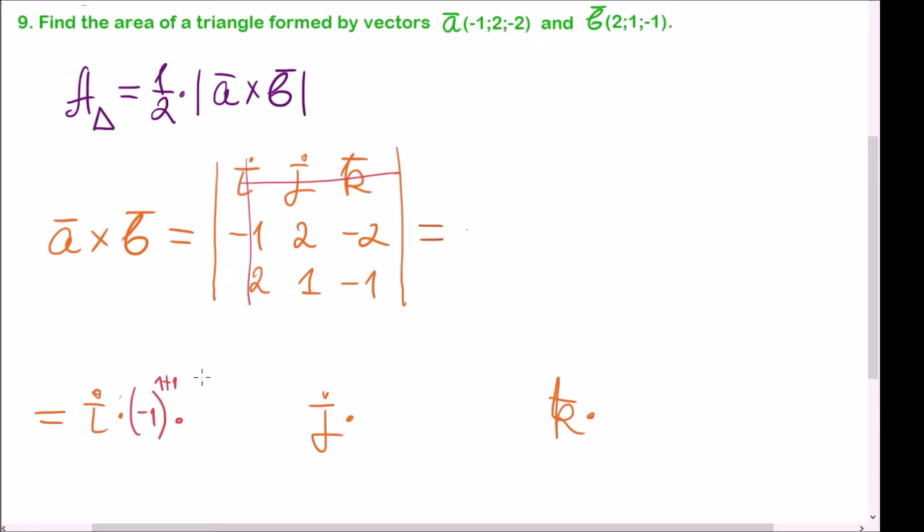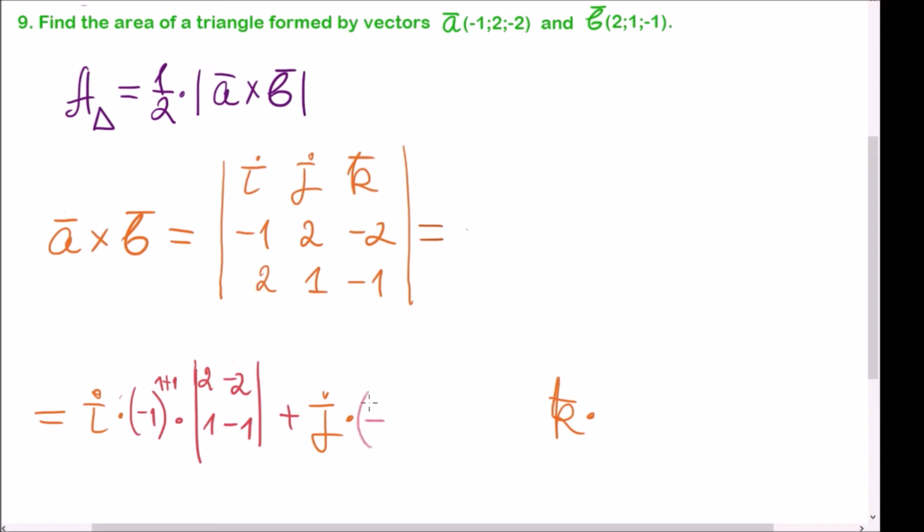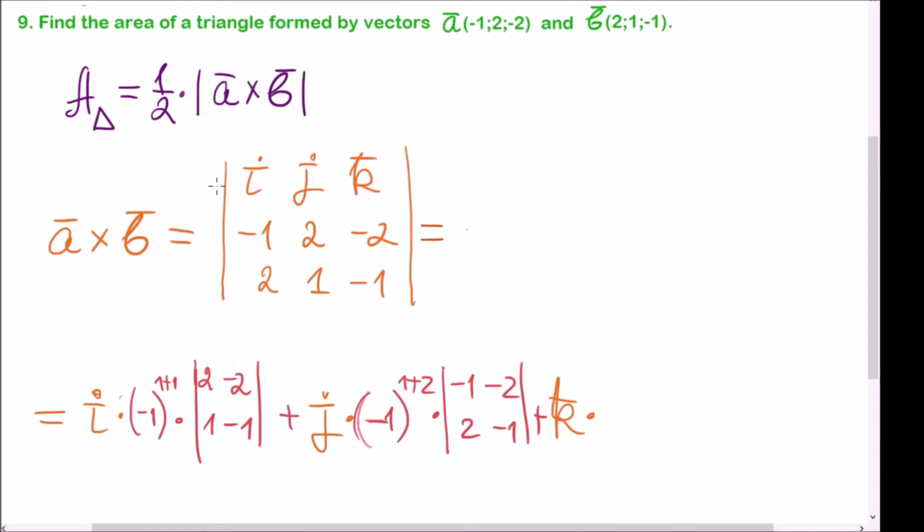of the element i, it is 2 minus 2, 1 minus 1, the determinant of the second order, plus j, the second element j, we should multiply it by minus 1 to the power 1 plus 2, the first row and the second column, multiplied by their minor, minus 1, 2, minus 2, minus 1, plus the third element k.